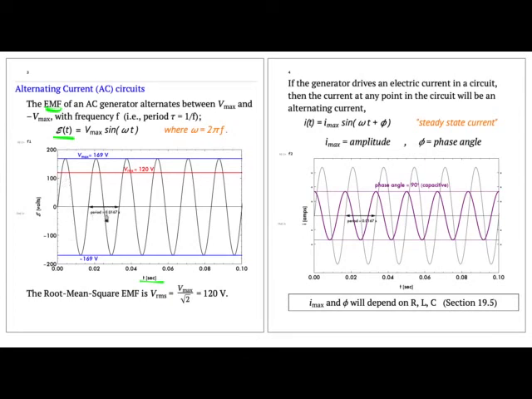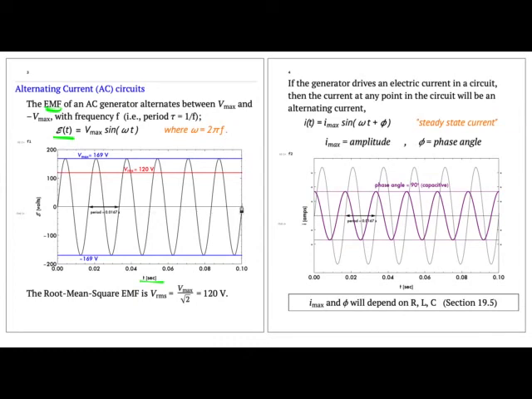The period is 0.0167 seconds. That's 1 over 60. 1 over 6 would be 0.167. 1 over 60 would be 0.0167. So from 0 to 1/10 of a second is approximately 1, 2, 3, 4, 5, 6 oscillations.